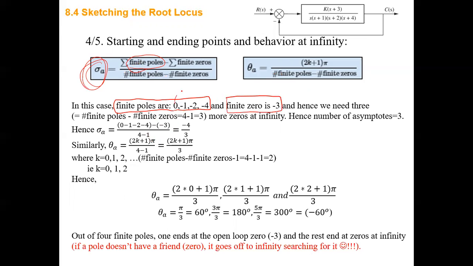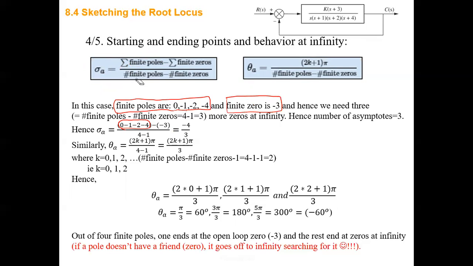Now add them all together: 0, -1, -2, -4 for the poles, minus the number of finite zeros, which is just one, so minus -3.